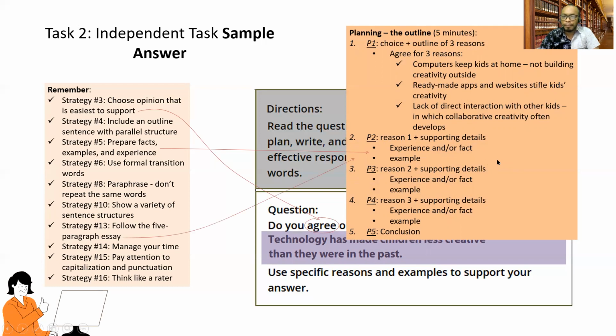And then you can see that he follows the 5-paragraph essay format, with paragraph 1 giving his thesis statement and outline sentence with the listed 3 reasons. And then paragraph 2 explaining the first reason, paragraph 3 explaining the second reason, paragraph 4 the third, and paragraph 5 a brief conclusion.